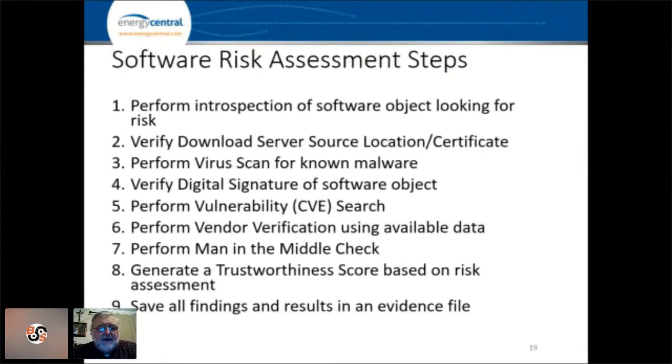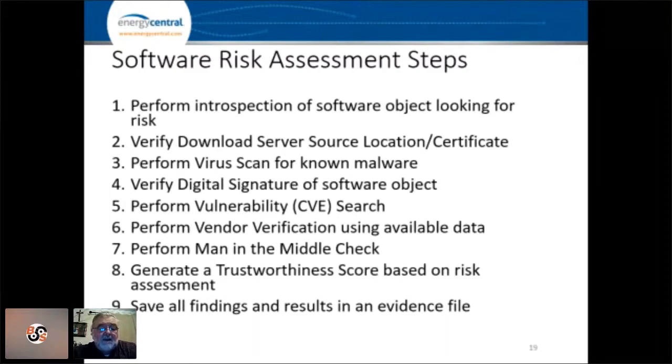We verify download server source location and certificates, perform virus scans of known malware, verify digital signatures, perform vulnerability searches, perform vendor verification using available data. We also perform man-in-the-middle attack checks to see if there's any foreign influence or blacklisted sites in the path that could perform a man-in-the-middle incursion.